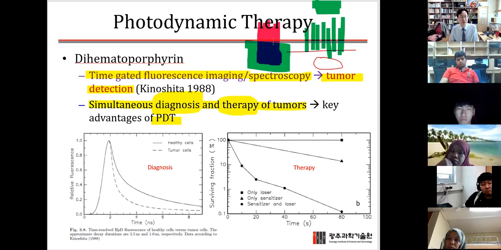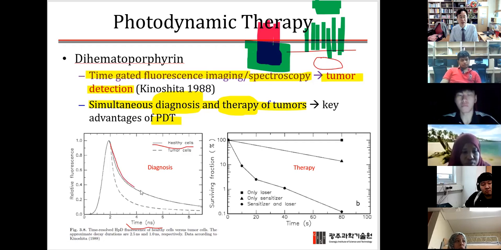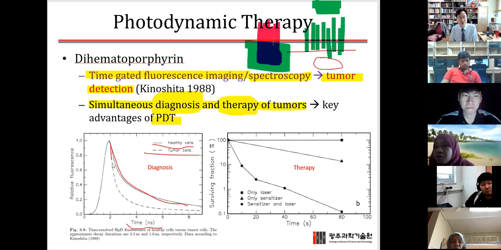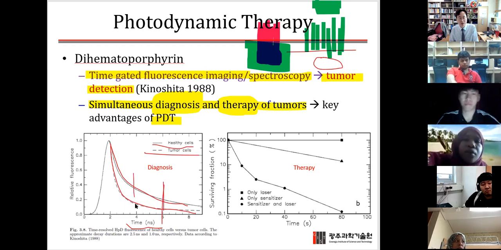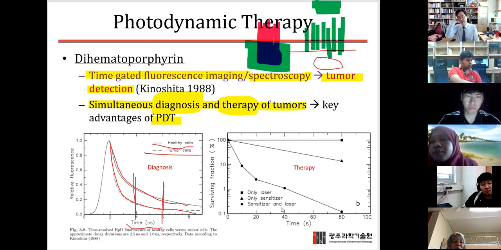At the bottom here is shown the diagnosis purpose using the time-gated fluorescence signal. Healthy cells are going to have a lower concentration, so they will have a slow decay. And the tumor cells are going to have a higher concentration, so they have a faster decay. So by having this time-gated measurement, you can find out where the tumor is, and then you can apply PDT for the treatment, which is shown in the example on the right side.